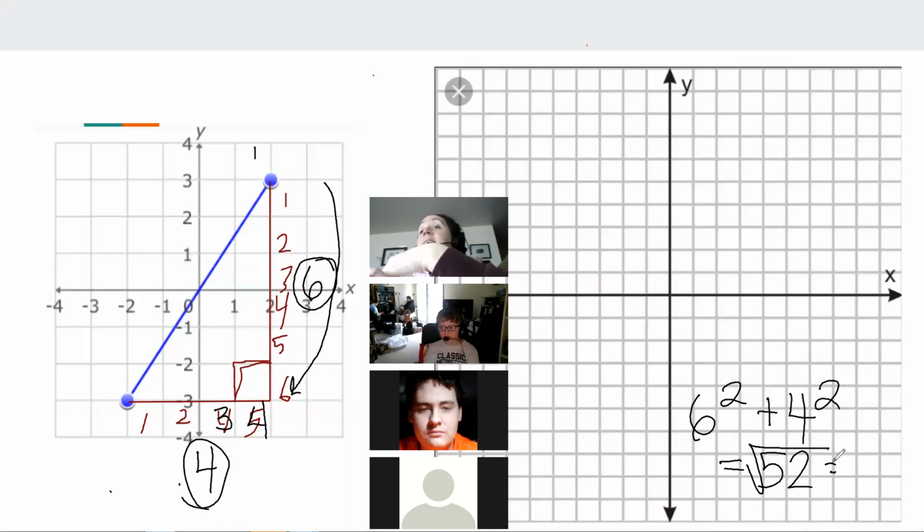Okay, so we take the square root of that 52, and what do we get? What do you guys think? Did I lose you on what we're doing here?